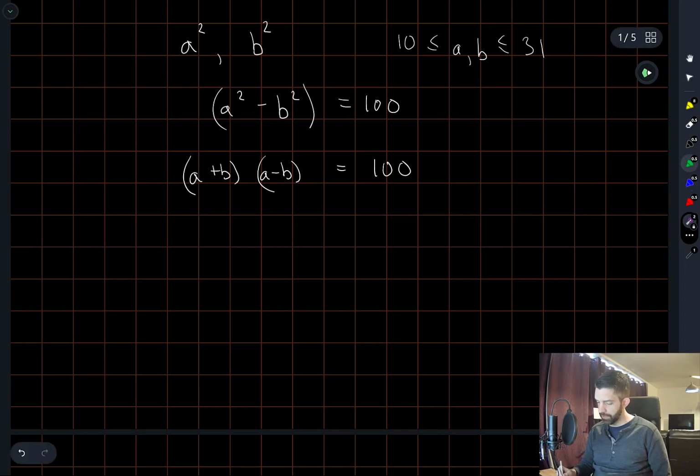So we're thinking of factors of 100 that are less than, we have to think like 25 and 4, right? What are the factors of 100? 100, 50, 25, 10, 5, 2, and I guess we have also 4, 20.